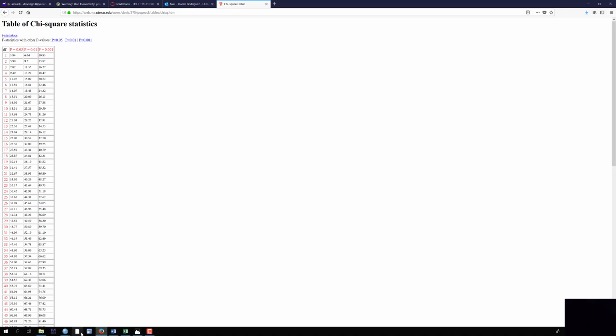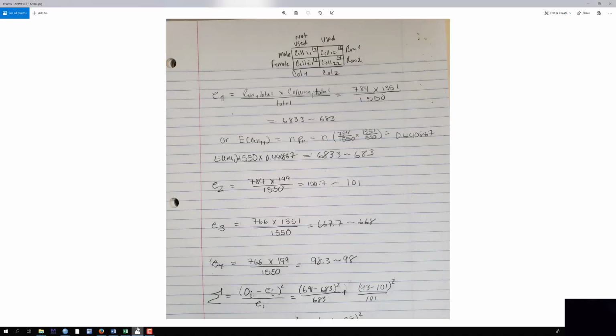Okay, so let's go to the calculation itself. I have a picture here of our situation. We need to calculate the first expected value. I also wrote this out in terms of a different type of terminology, where each cell is represented by its row number and column number.